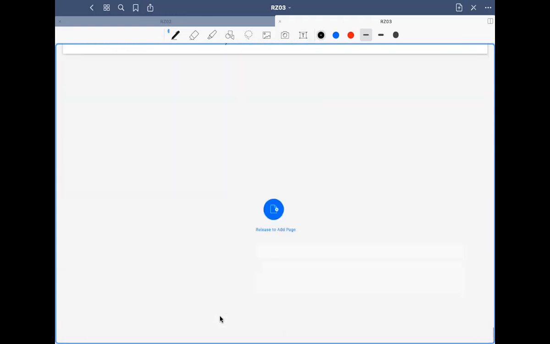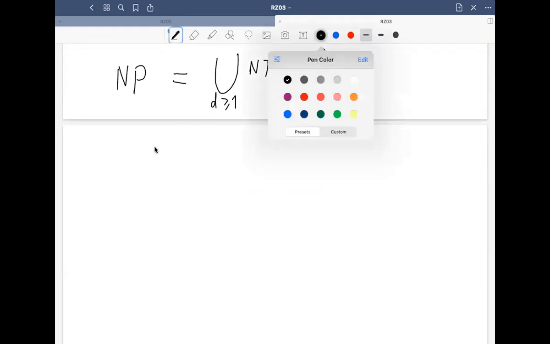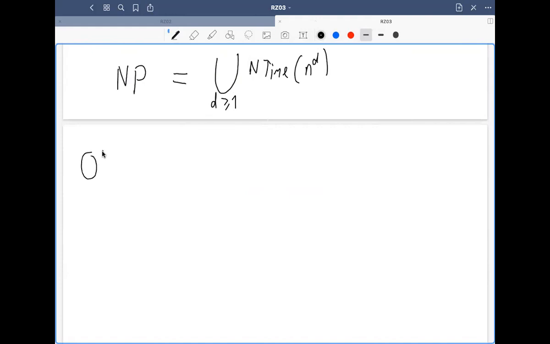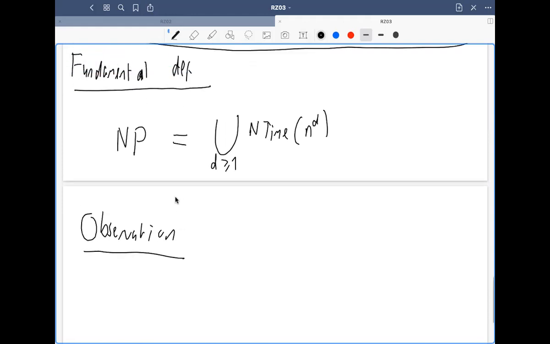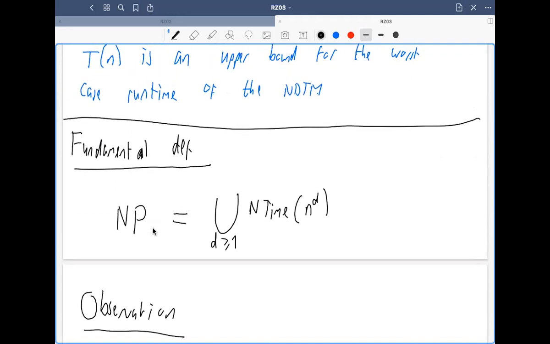So let's first make an observation, and then we'll go on to the definition. So P is a collection, a set of languages, a set of subsets of sigma star, the words over the alphabet, so a set of sets of words. So a language is either in P or not.